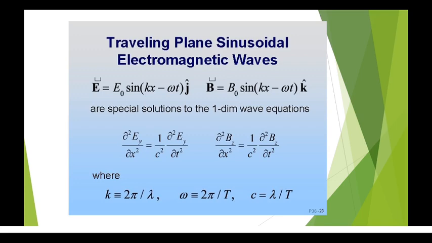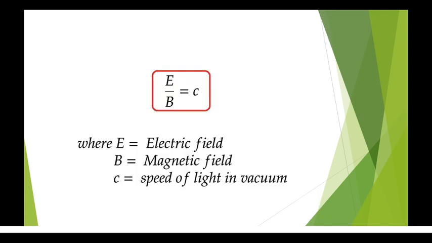So E0 and B0 are the amplitudes. So you can get the velocity of the electromagnetic wave by the relation E0 by B0 is equal to c.